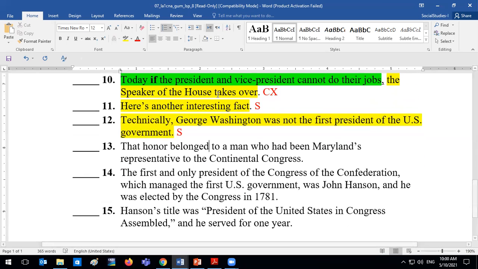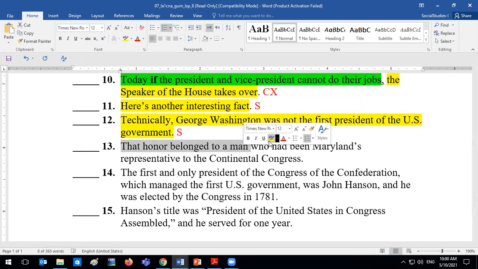Okay. Number 13, please. That honor belonged to a man who had been Maryland's representative to the Continental Congress. Great. It's a complex sentence. Highlight the independent clause for us. We're going to underline it once. That honor belonged to a man.